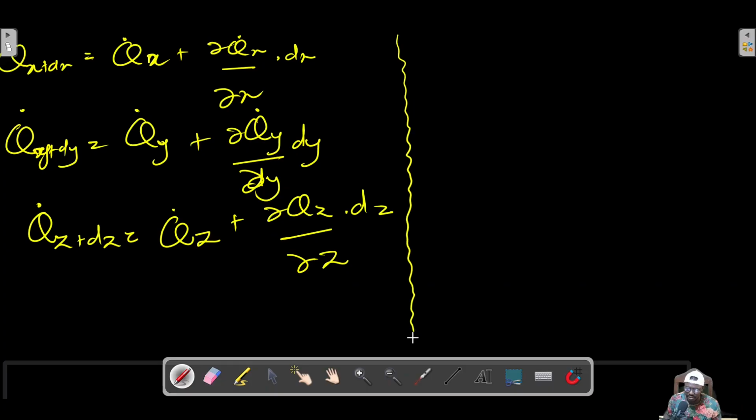Then our conservation of thermal energy equation was what?